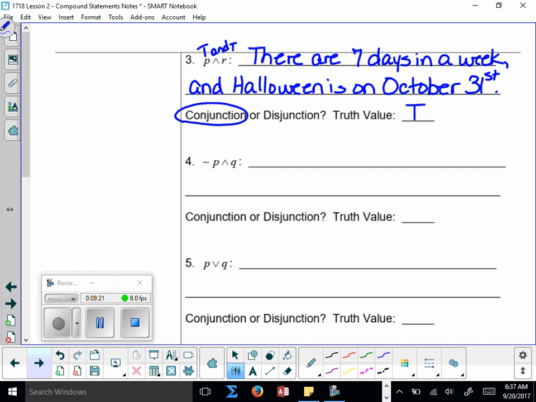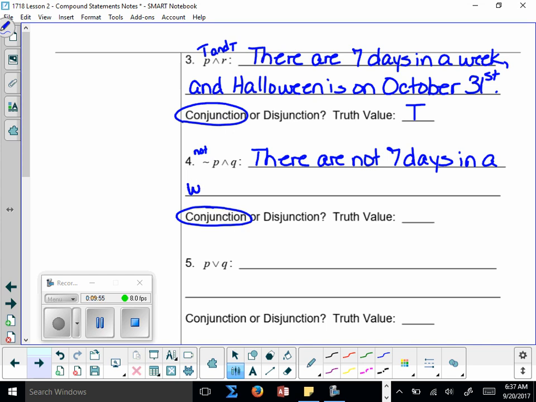Ooh, number 4, a new symbol. That tilde means not. We still have a conjunction as we're going through our examples, which means we need both of these to be true. So let's see. P, there are 7 days in a week. So if I do not P, there are not 7 days in a week.